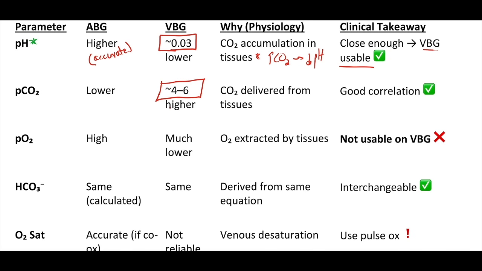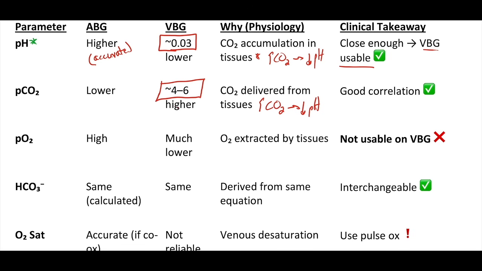And if you were listening closely, the reason is the same as why the pH is a little bit lower, because carbon dioxide accumulates in the tissues, and that carbon dioxide from the tissues gets into the venous blood, so the CO2 is going to be slightly higher in the venous blood, and that's also why the pH is slightly lower, because higher CO2 drives down the pH. So CO2 in arterial blood gas is going to be a little bit lower than a venous blood gas, and the venous blood gas CO2 is going to be a little bit higher, 4 to 6.